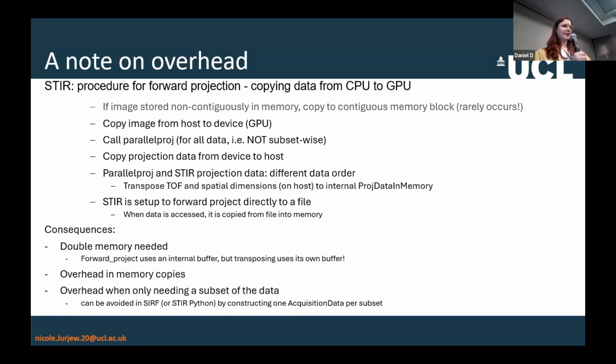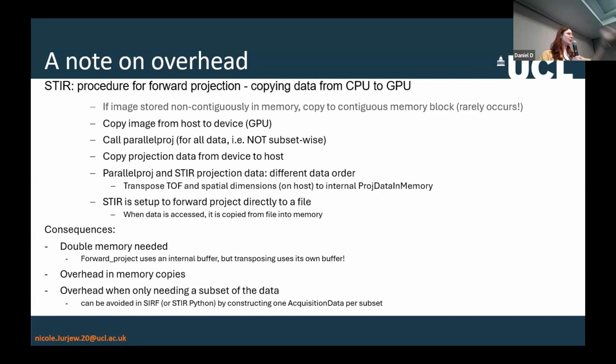So there's a function that transposes from the Parallelproj order into the STIR order, and that happens on the CPU to an internal proj data in memory object. STIR is set up to forward project directly to a file, and when the data is then accessed, it's copied from the file into memory again.